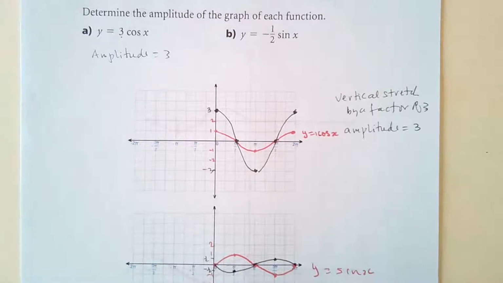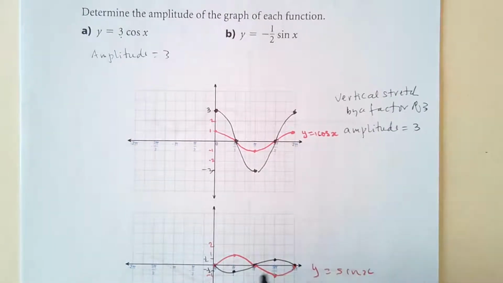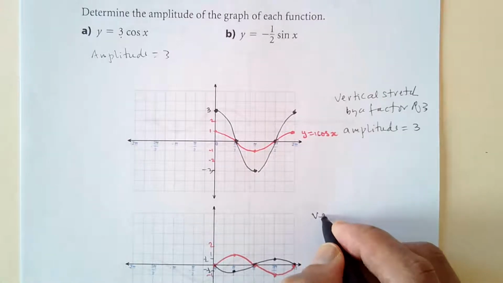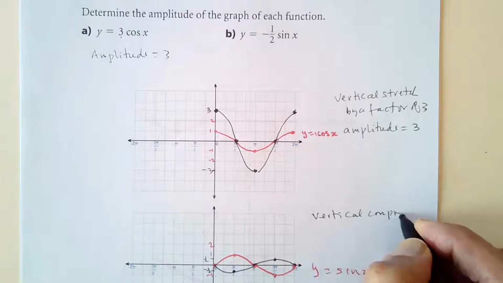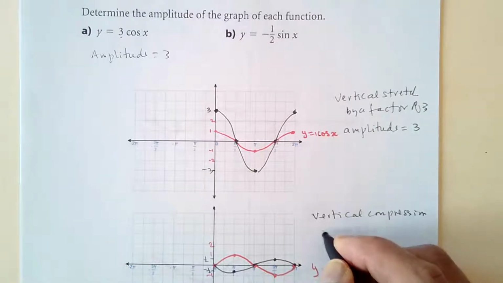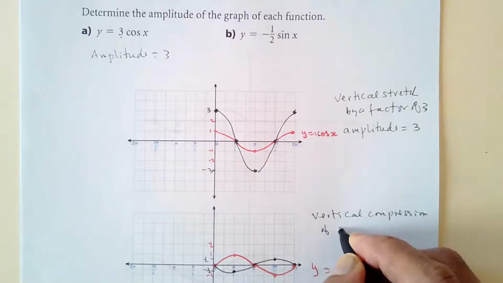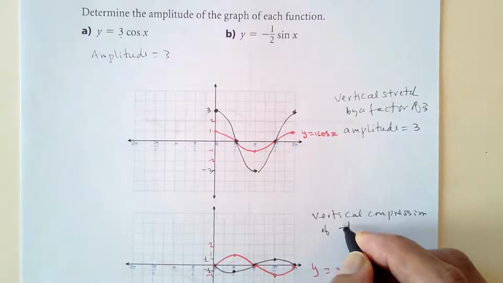Notice it's flatter, so we have a vertical compression of a half.